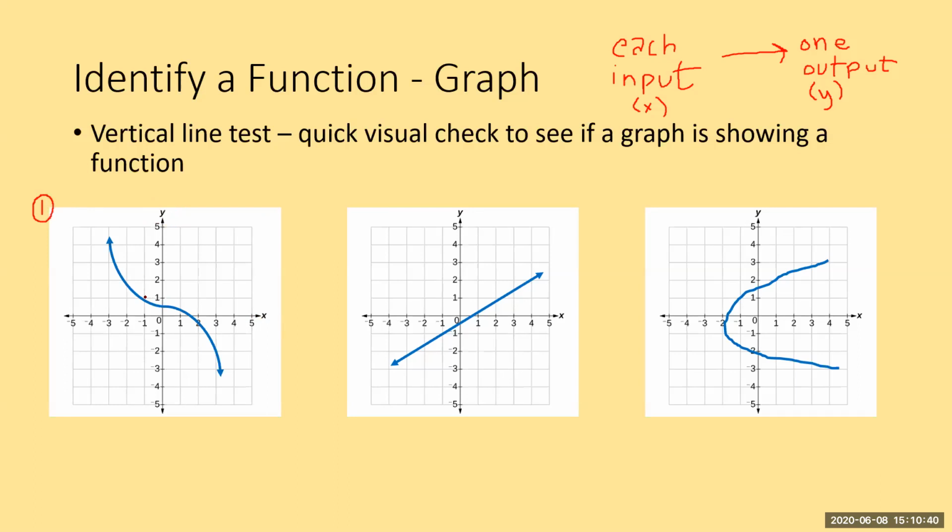So if we look at the first graph here, and let's focus on one point of this graph. When I say graph, I mean like the blue line, so not the axes, but the actual thing that we've plotted on the plane, so the blue curve here. So I just picked out this one particular point that lies along this blue curve. Now this point, it looks like it has an X value of -1.